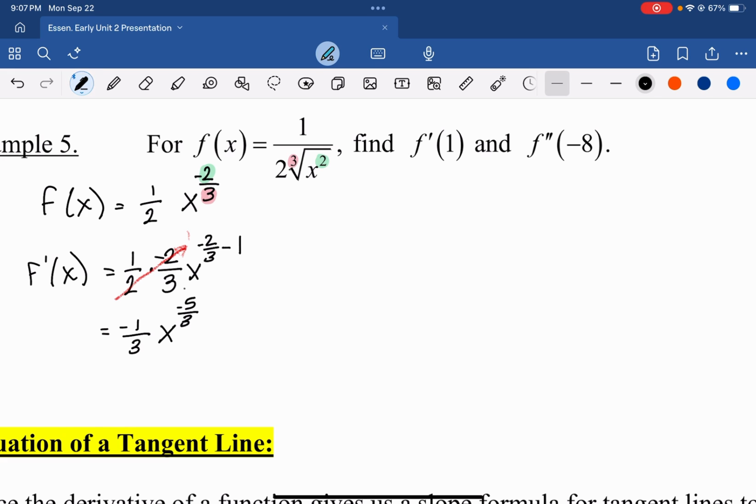I'm going to leave it like that so that we can take our second derivative, which means we're now taking the derivative of negative 1/3 x to the negative 5/3. So our f double prime of x is going to equal, it's already set up for us, so that negative 1/3 is going to sit out front, times we drop our power, so negative 5/3, times our x to the negative 5/3 minus 1.